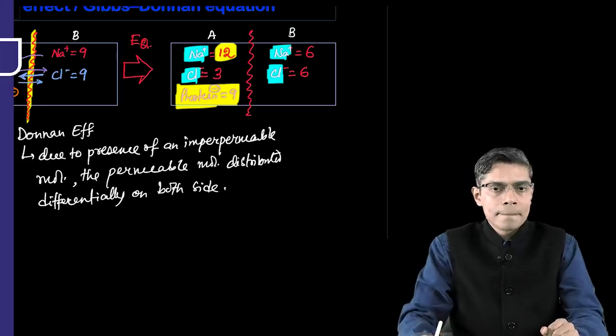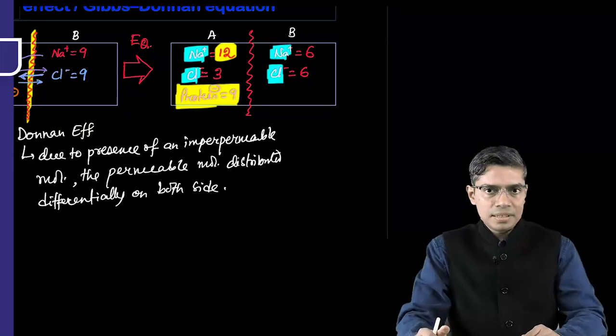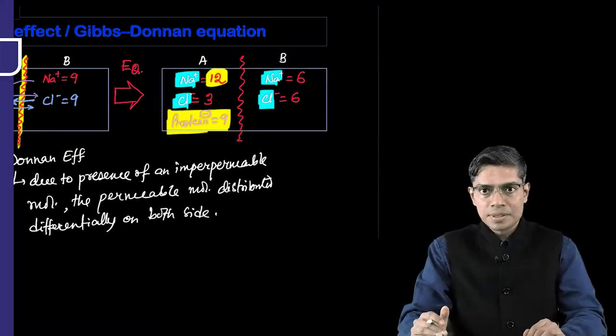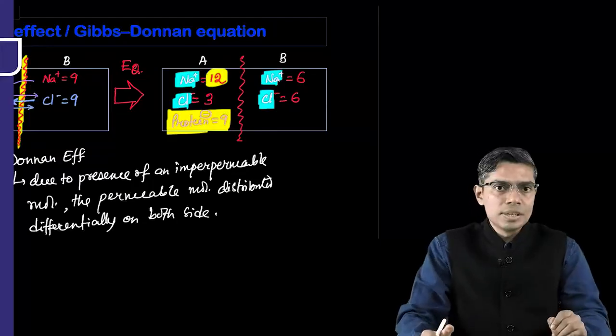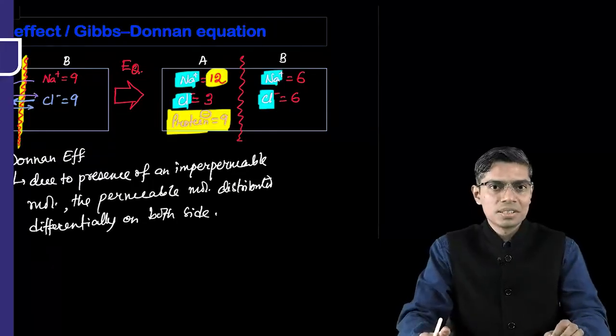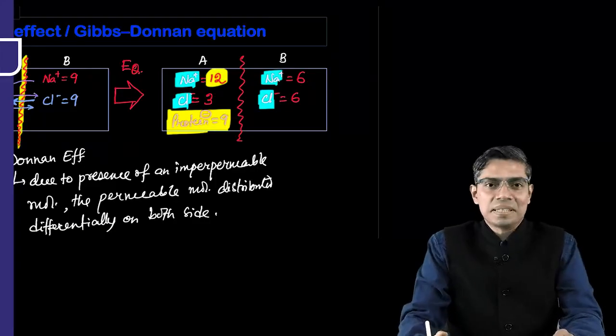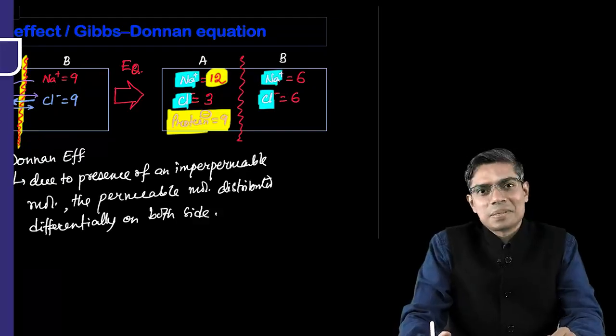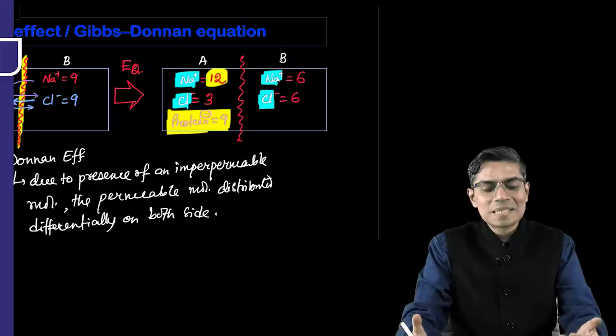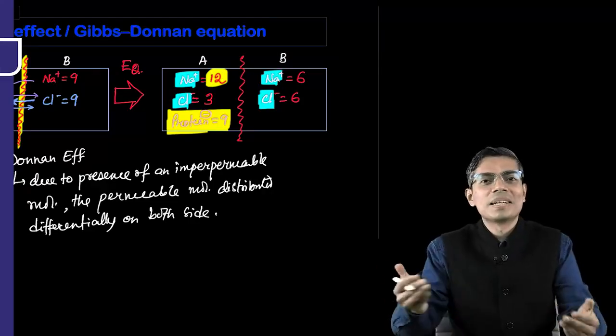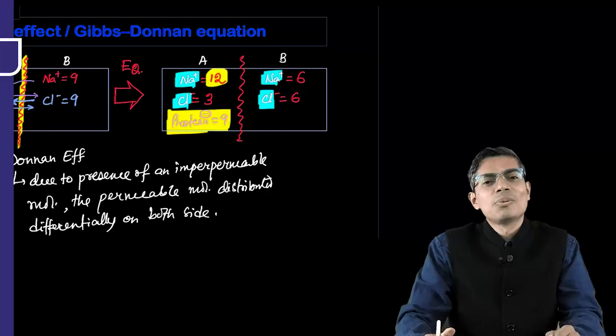Now when Donnan first described this effect, later on Gibbs looked at this equilibrium again and he told that we have to give some mathematical equation to this effect, otherwise people are not going to believe us. If you just say that due to the presence of an impermeable ion, permeable ions are distributed differentially, then no one will care.